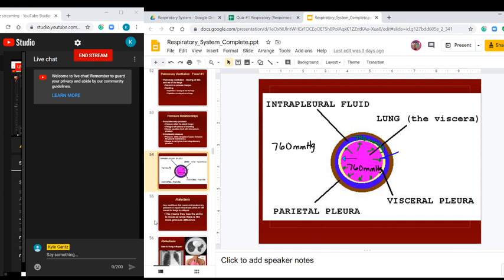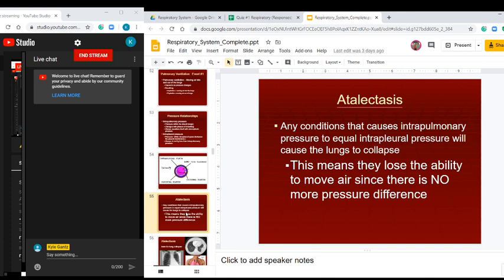Now, what happens when we mess with that pressure on the outside? That's what this is called: atelectasis. Any condition that causes intrapulmonary pressure to equal intrapleural pressure will cause the lungs to collapse.